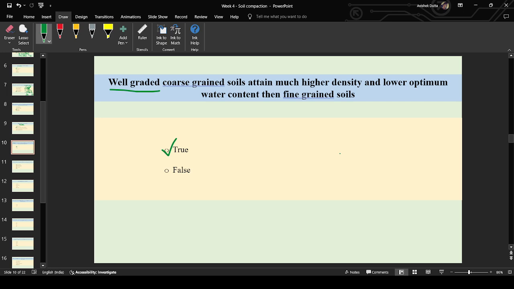Whereas coarse grain soils are water draining soils, and also they have less specific surface, that is surface area per unit mass. So they need a lesser amount of lubrication. On top of it, it is well graded, so it will have higher density and lower optimum moisture content. Yes, very good. So this was the question.